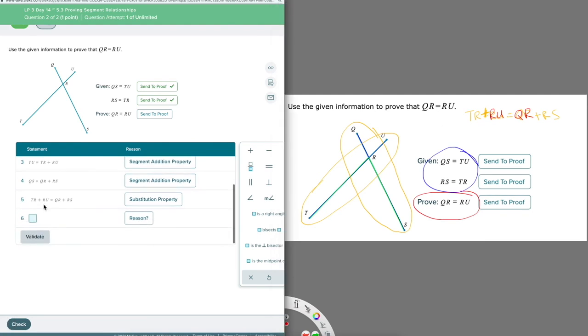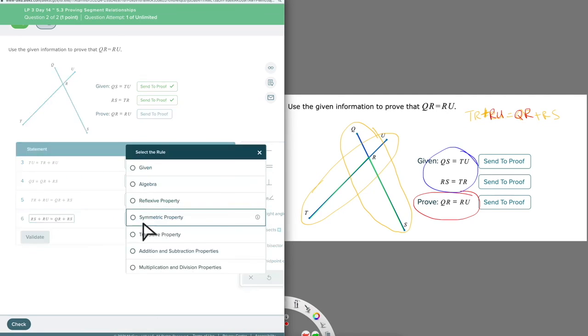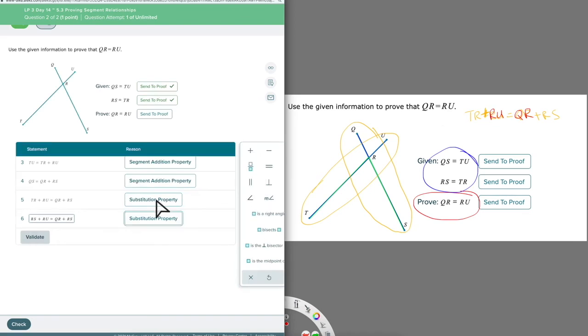So I'm going to go over here and I'm going to write, I'll go ahead and replace TR. So RS plus, not equals, plus RU equals QR plus RS. And the reason for that is substitution again. I'm just substituting RS for TR. I know that they equal each other.